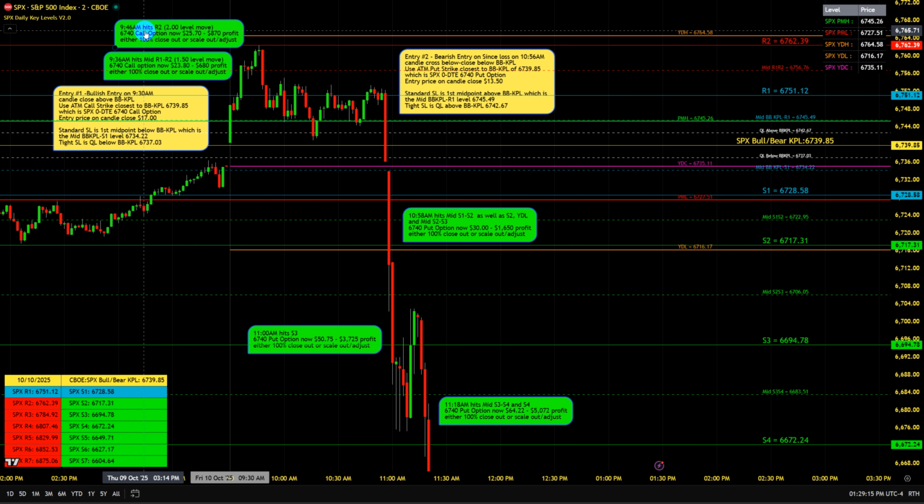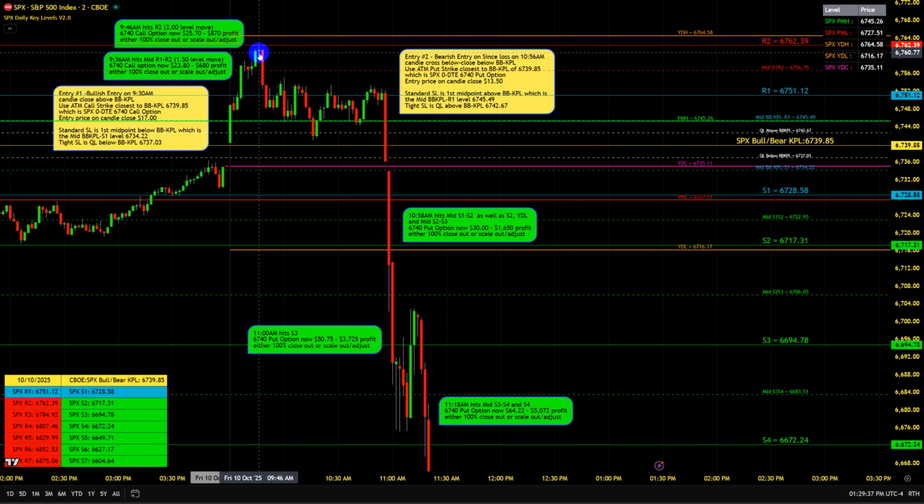Now at 9:46 a.m. it hits the R2 level, as you can see on this candle. That is a 2-level move. It's a 2-level move because SPX bull bear key price level to R1 is a 1-level move, that's 1.5 to this midpoint, and then that is a 2-level move.